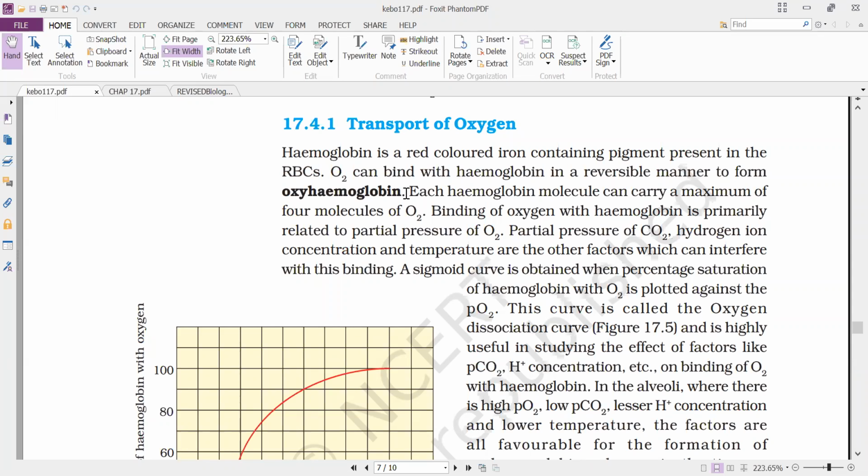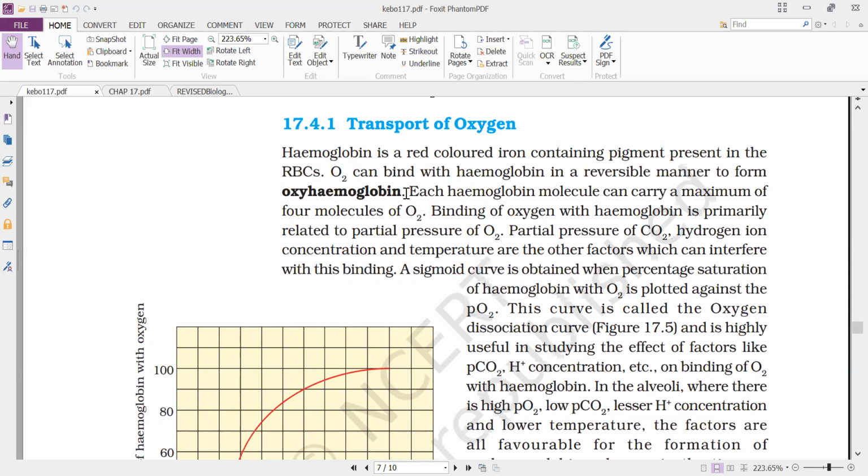When the partial pressure of carbon dioxide is more, or if more H plus ions are present, or at high temperatures, the binding of oxygen with hemoglobin is reduced.